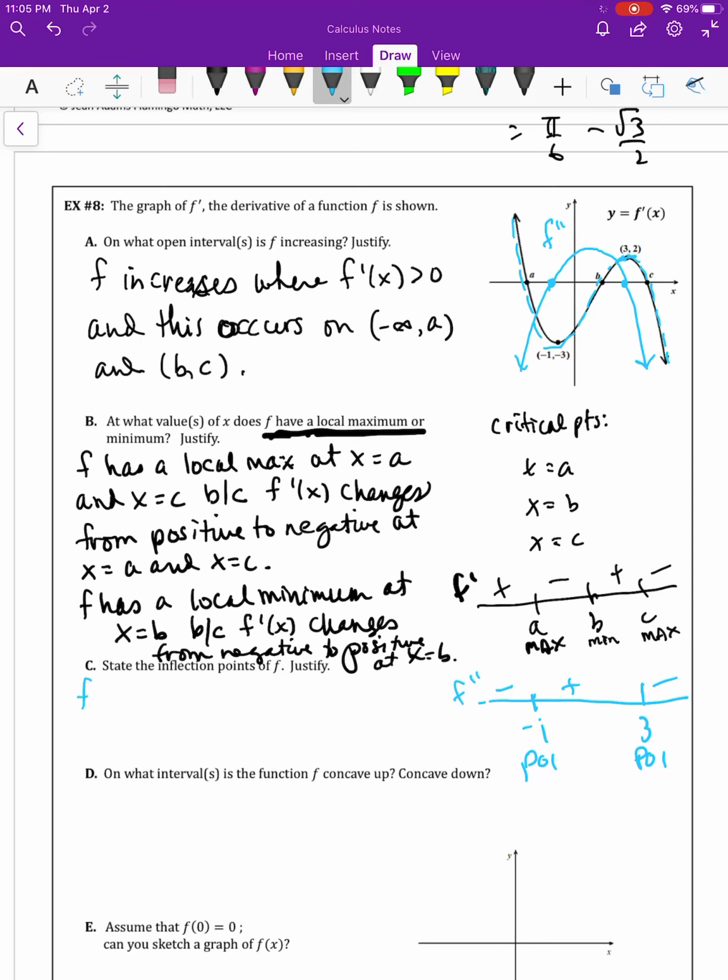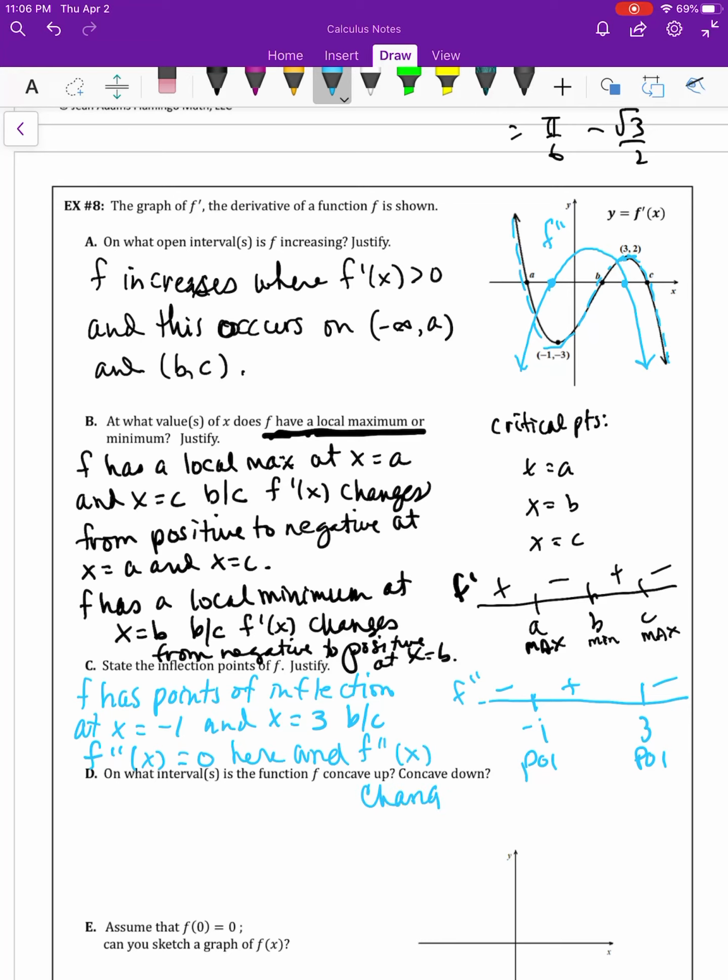And so we're going to say f has points of inflection at x equals -1 and x equals 3 because f double prime of x equals 0 here, and f double prime of x changes sign at each of these points.